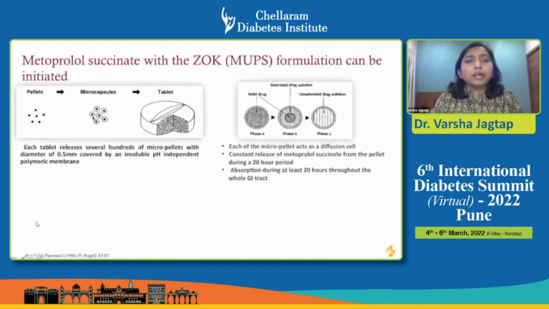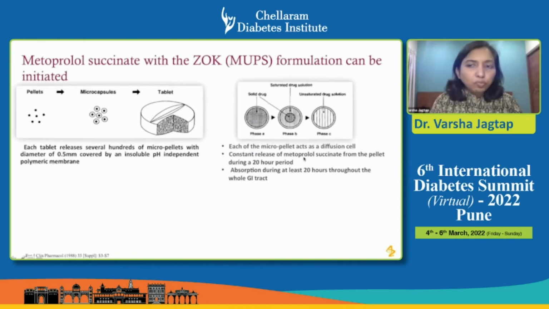So, Celokin XL has the zero order kinetics. Why is it called zero order kinetics? Basically, it is not affected by your meal, the gastric pH, or agitation. And throughout, it is able to maintain the 24-hour action. Celokin XL has some benefits: once a day administration, better compliance, and a therapeutic plasma concentration that is smooth and uniform throughout the 24 hours.